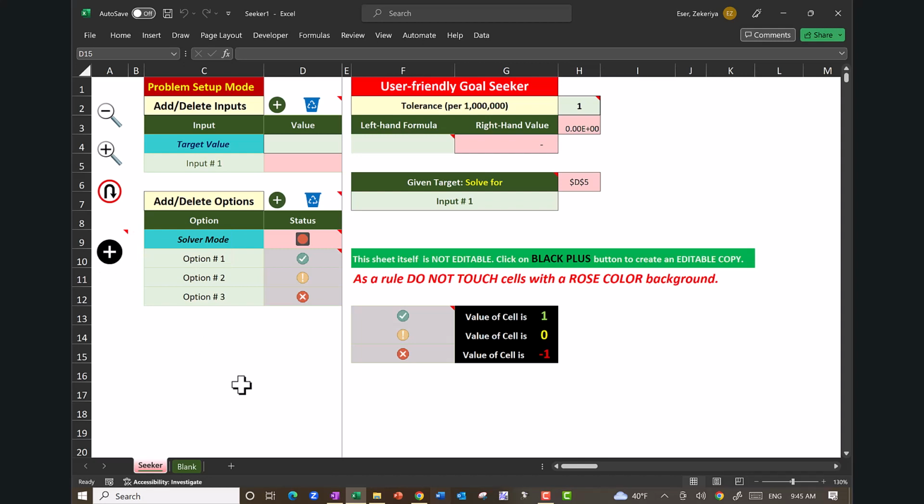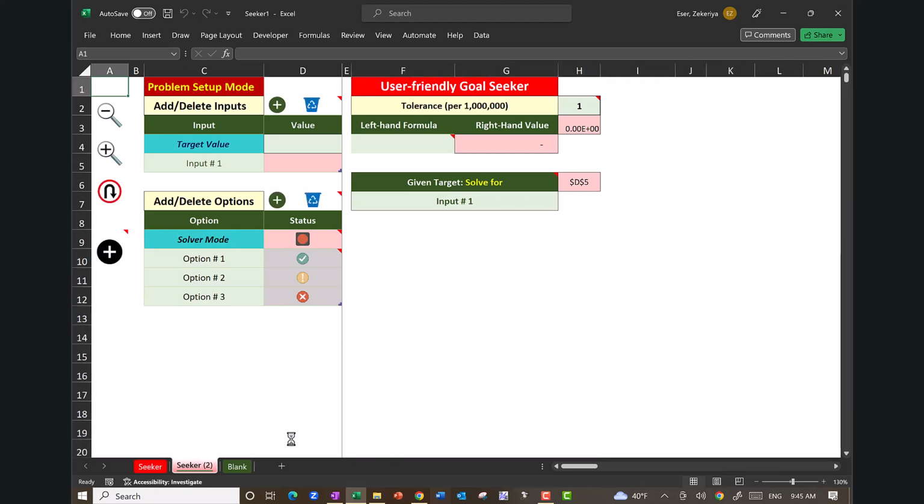By the way, these two sheets that originally come with the file, they are protected. The only thing you can do to them without knowing the password I put in there is to make a copy of it. But the copy that you make is unprotected. So technically, those are the templates. I'm going to make a copy of it.